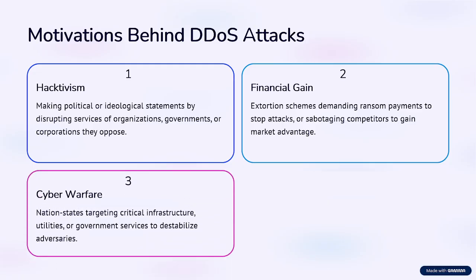Third is cyber warfare. This is often nation-state sponsored, targeting critical infrastructure, utilities, or government services. The objective here is to destabilize adversaries, disrupt essential services, or gather intelligence, escalating conflicts into the digital realm.